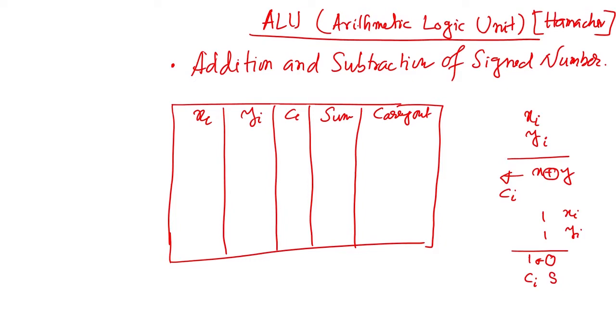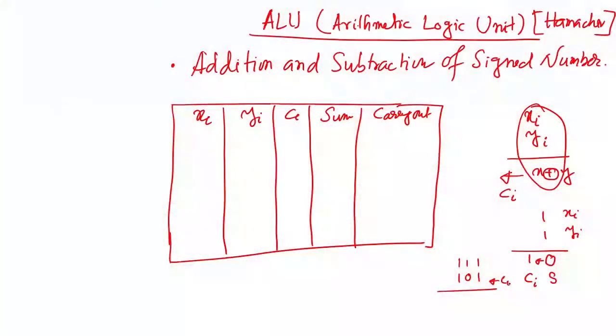So, now we will see what the circuit will be for adding just a 1 bit number to a 1 bit number. Say suppose you want to add 1 1 1 and then 1 0 1, then essentially you should check whether there is a carry in from the previous bit position.